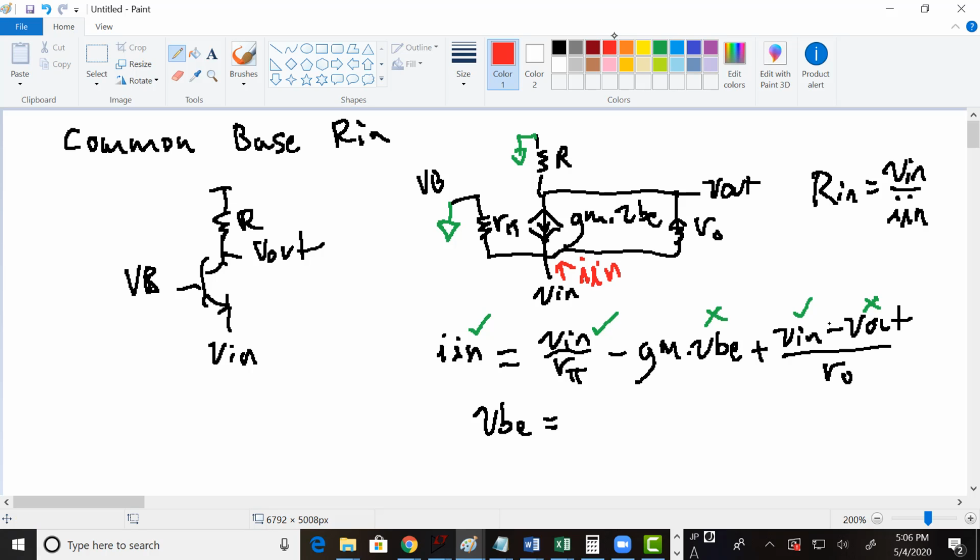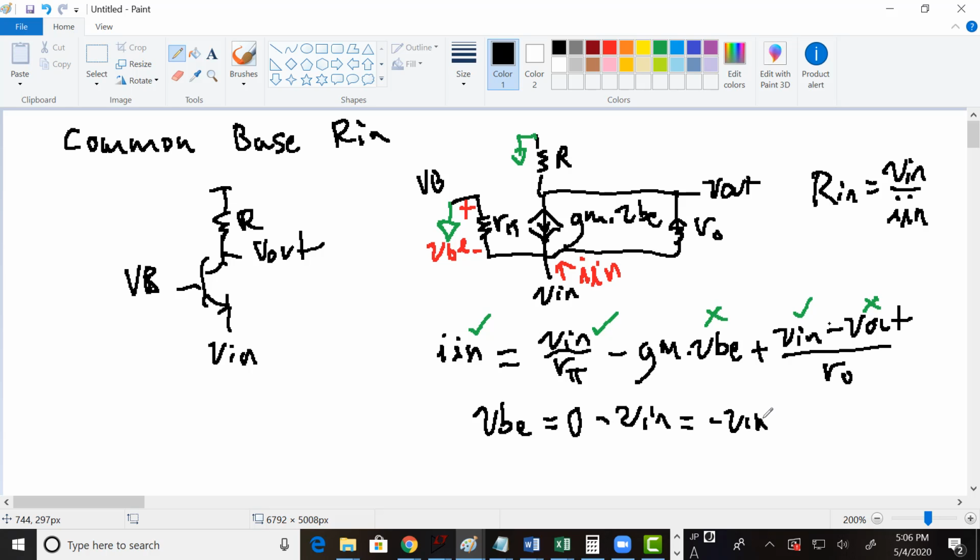It helps me to keep track of where VBE is in my circuit. So that's VBE, and I see base is 0. The emitter is V in, so it's 0 minus V in. So VBE just equals minus V in.